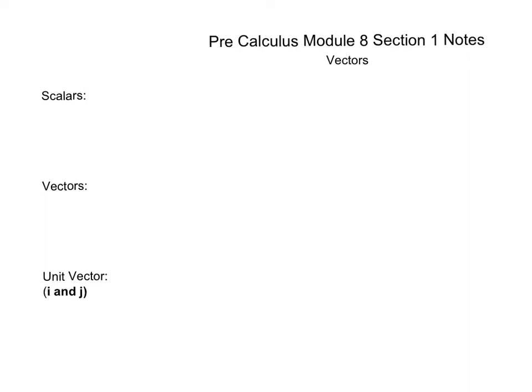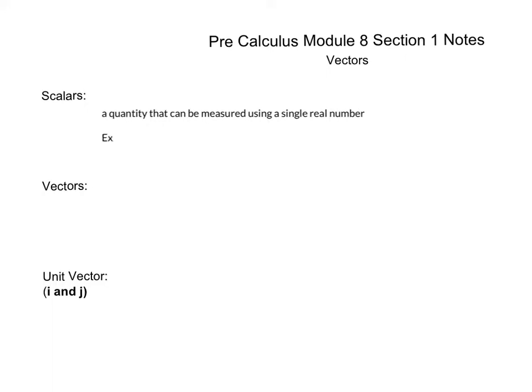In Module 8, we're going to start talking about vectors and polar coordinates, and we're going to start with vectors. We have to define quite a few terms when we talk about vectors, and one of those terms is called a scalar. A scalar is a quantity that can be measured using a single real number.